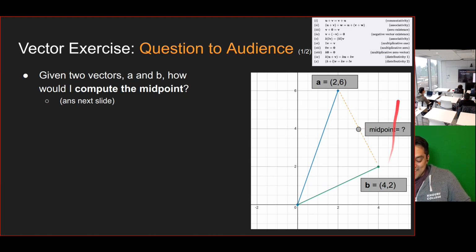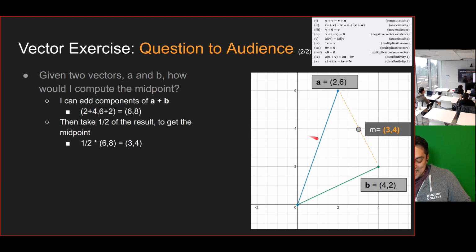Yeah, so I think you folks got this here. Let me just actually advance it here. All right, just add the components, divide by 2. That'll give you the midpoint here between these 2 vectors. So again, just a little operation that you might want to play around with. And I've listed the properties here on the top right just to show that vector addition's commutative, it's associative as well.